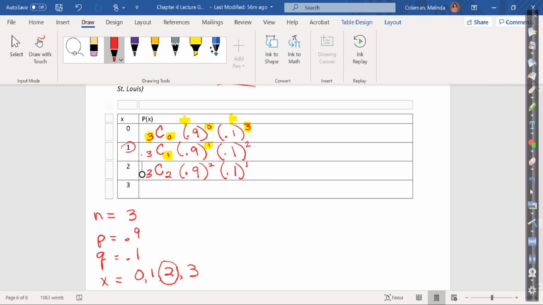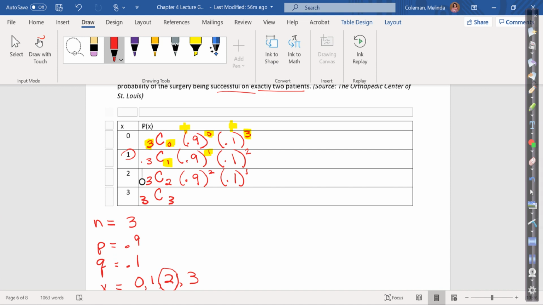And last, would be the combination of 3 things taken 3 at a time, and my 0.9 is now raised to the 3rd power, and 0.1 is raised to the 0 power. So again, it's just a pattern.